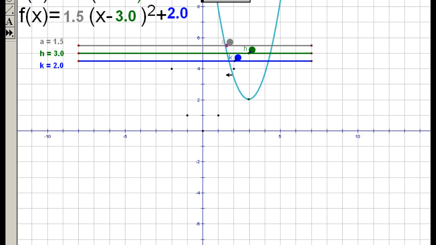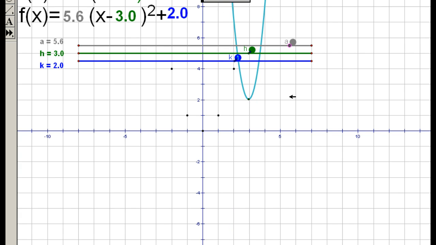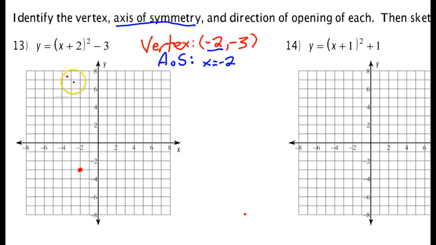Recall, positive, opening up. Opening up is positive. Up, positive. You know it's going to be opening up to start off with.